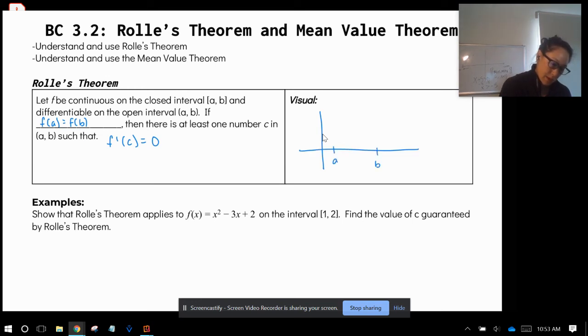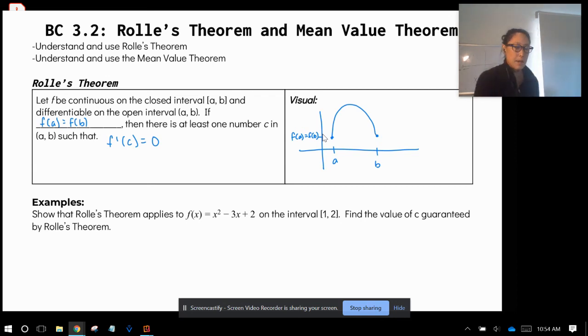A comma b. So f of a is equal to f of b. So they are at the same output. So if this function is continuous on that interval, a to b, and differentiable, then there is some place c where the slope, the IROC, is equal to 0.